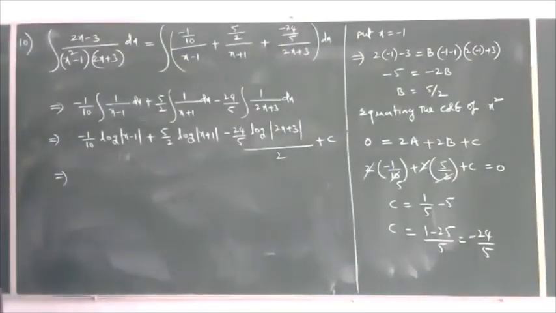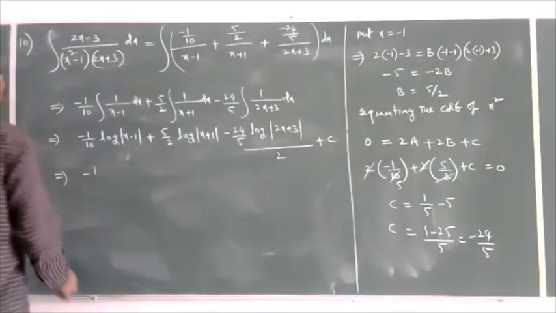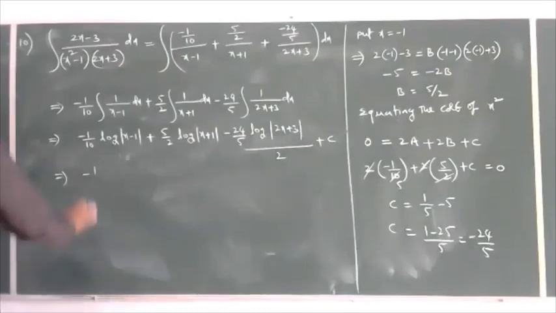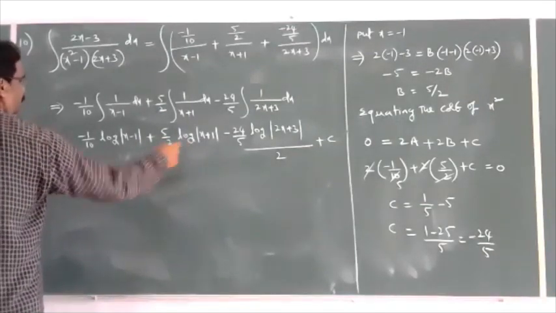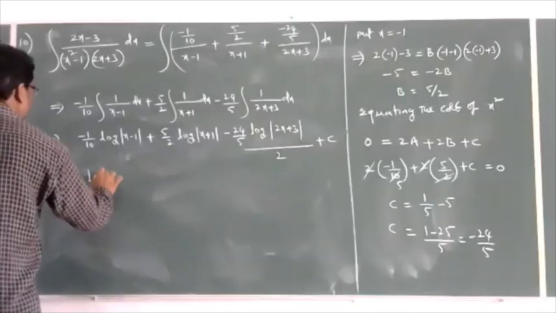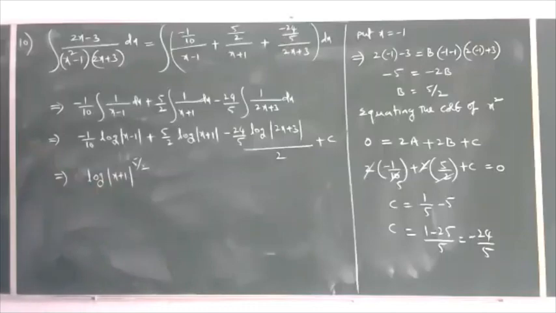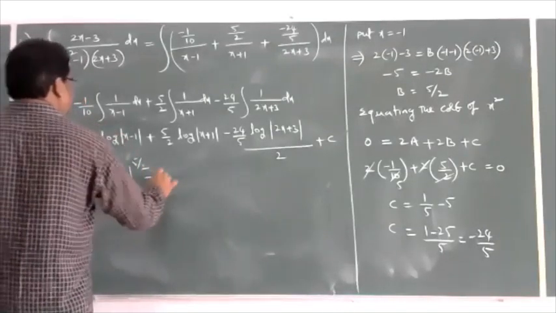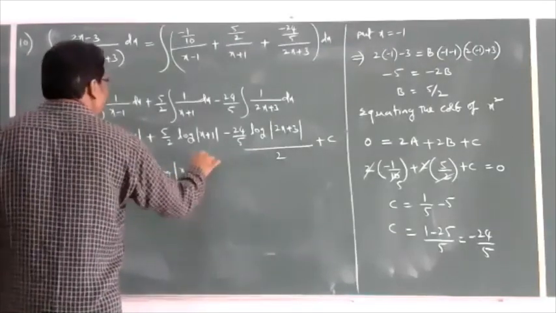That implies minus 1 by 10 into log of x minus 1. First you write the positive term, log mod x plus 1 whole power 5 by 2, minus log mod x minus 1 whole power 1 by 10.